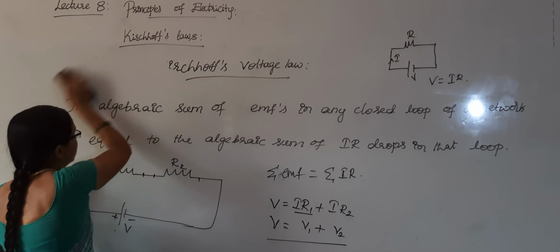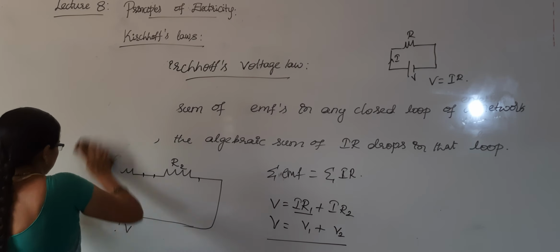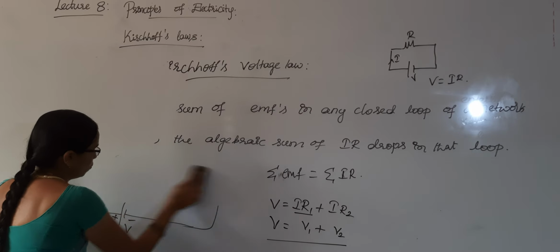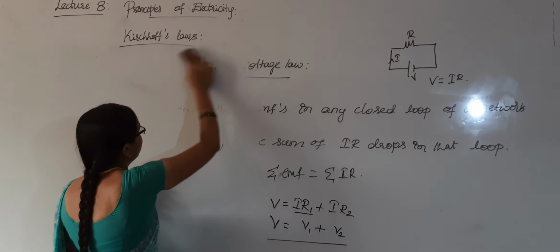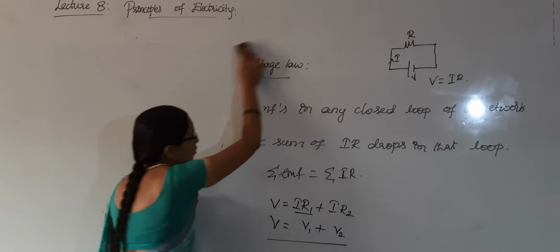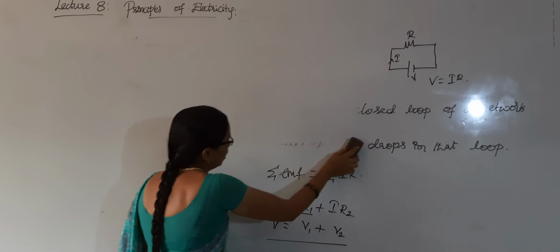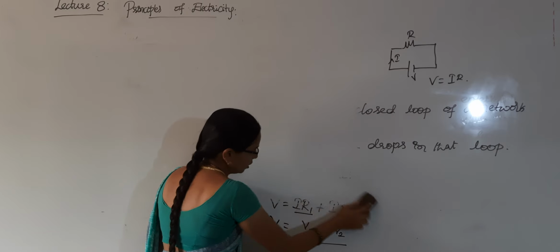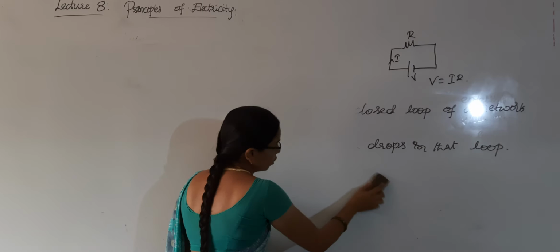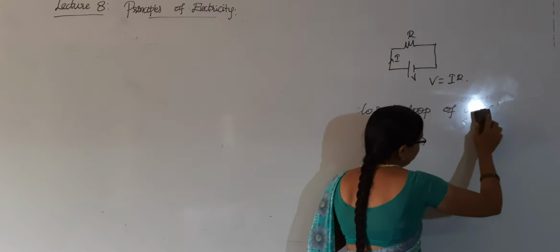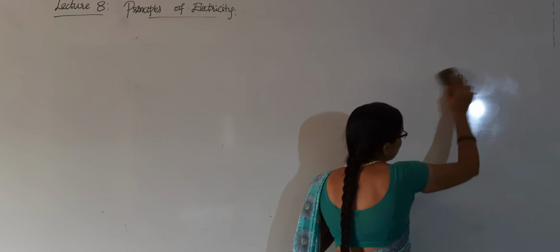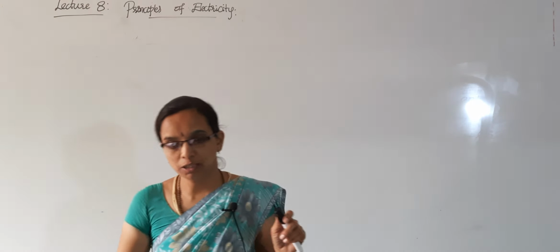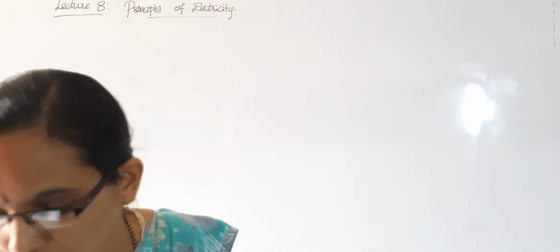Now, we got to know what is KCL and what is KVL, right? These laws you are going to perform as experiments in the laboratory. You have Kirchhoff's laws experiments in the laboratory, at that time you will understand better. Okay.